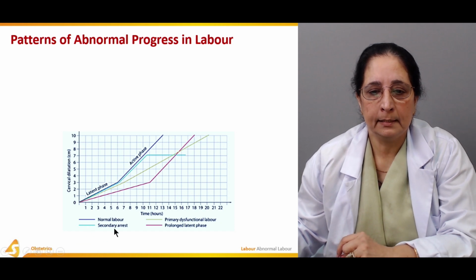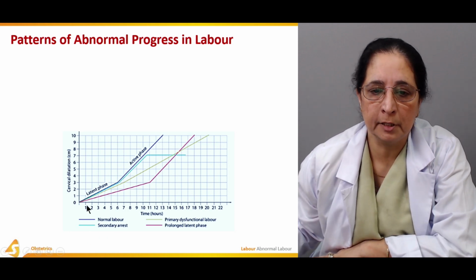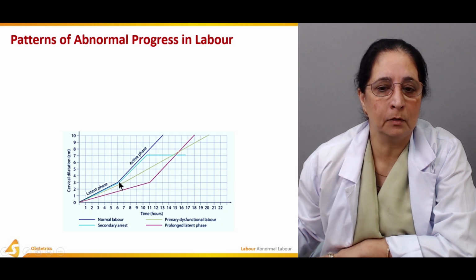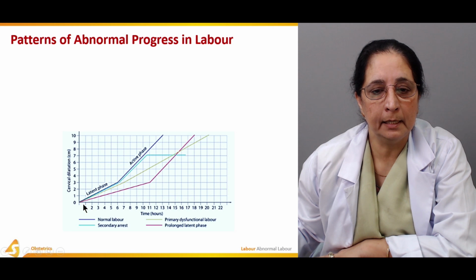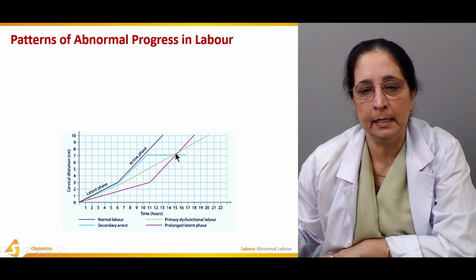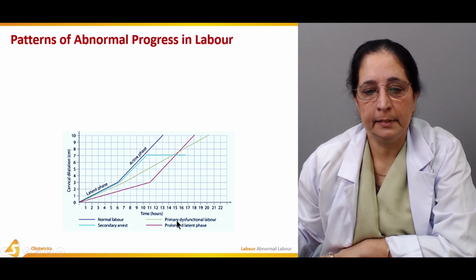Then this bluish line explains the secondary arrest. In the first stage of the labor, the latent phase is normal, but in the second phase there is arrest of the progress of the labor. Then the yellow line gives the primary dysfunctional labor.